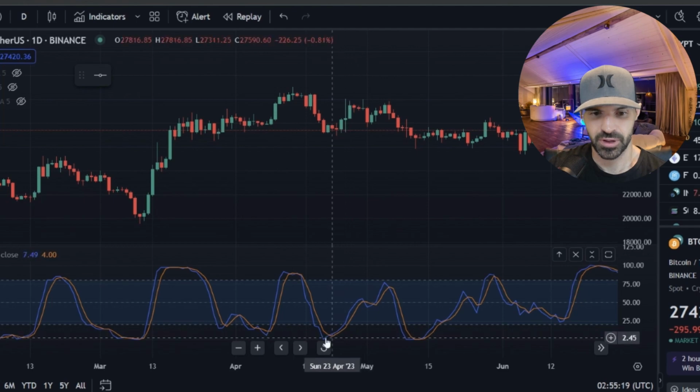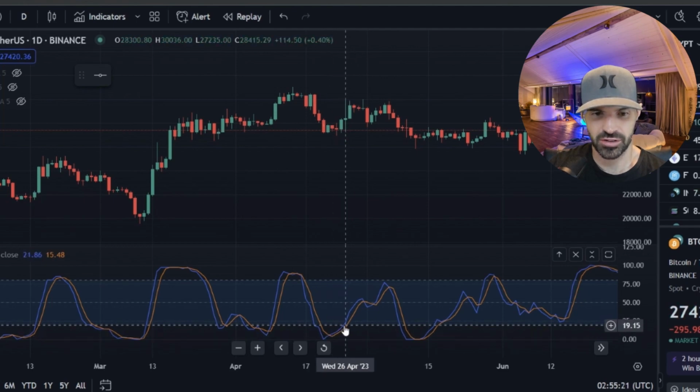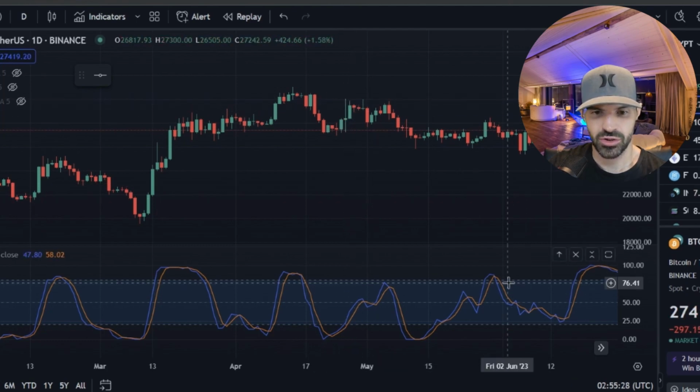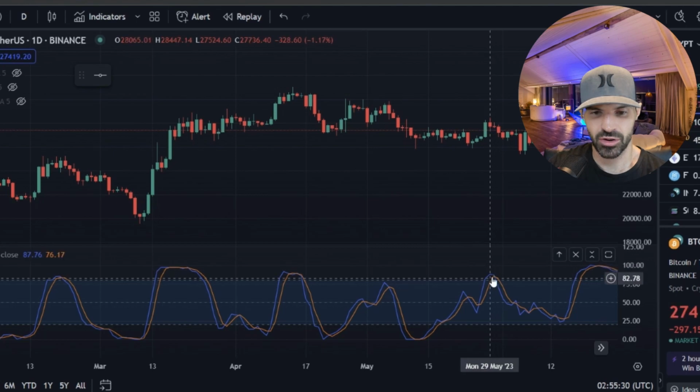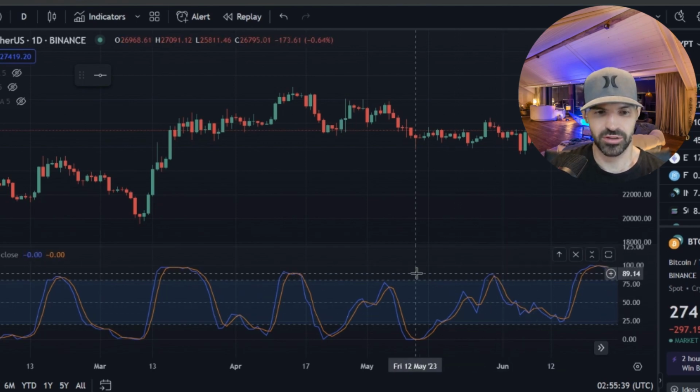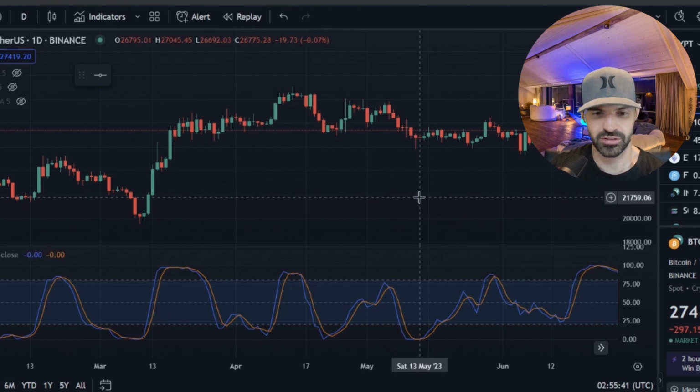In the chart, it did trend upwards a little bit. And again, you could wait for the blue line to cross below the 80 line, and that could be a sell signal. So there are many ways you can use the stochastic RSI.